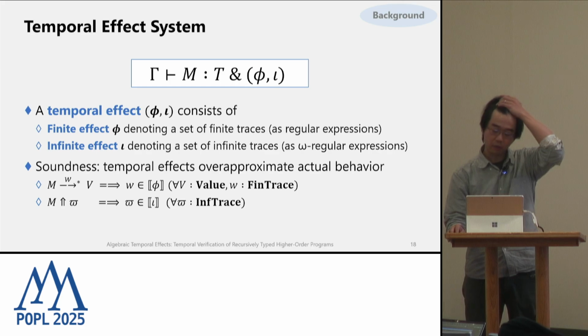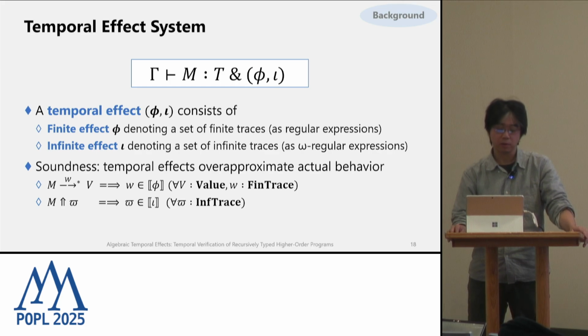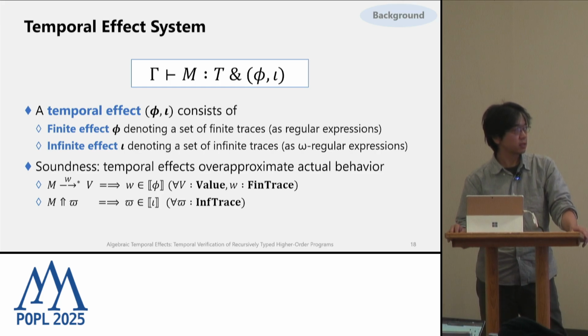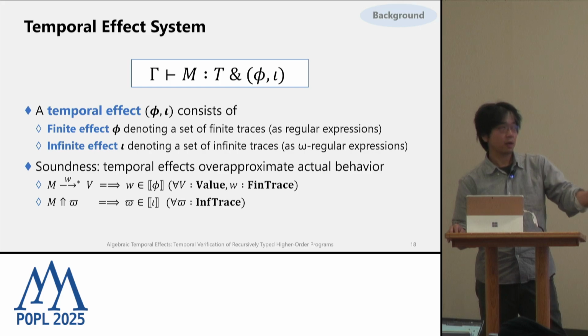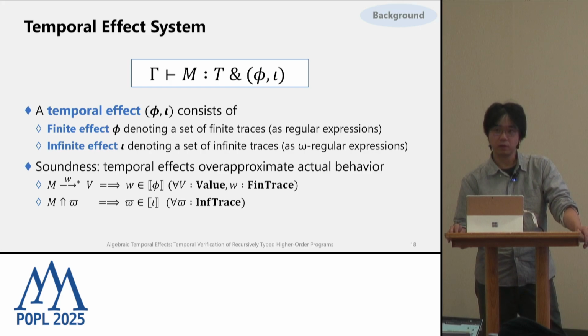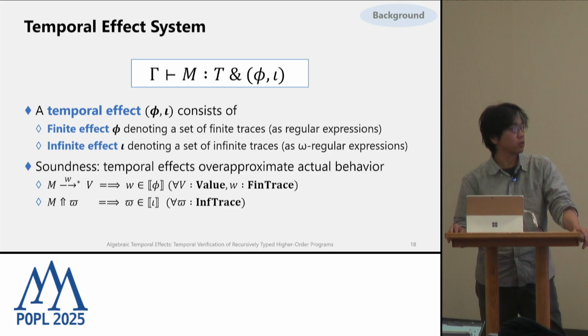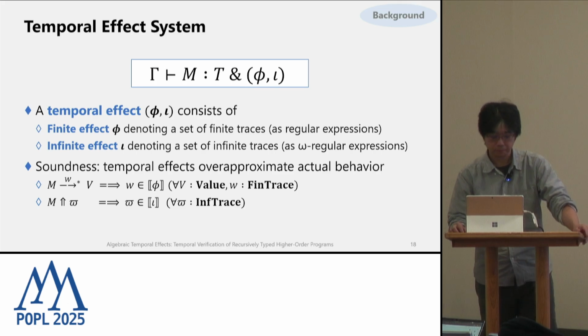First, I will start with the background of the temporal effect system. The temporal effect system provides a special form of effect called the temporal effect. The temporal effect is just a pair of a finite effect and an infinite effect. The finite effect represents a set of finite traces, like regular expressions, and the infinite effect represents a set of infinite traces, like omega regular expressions.